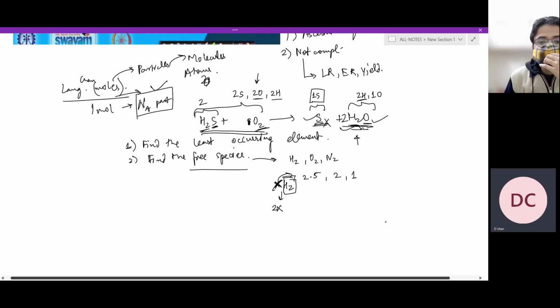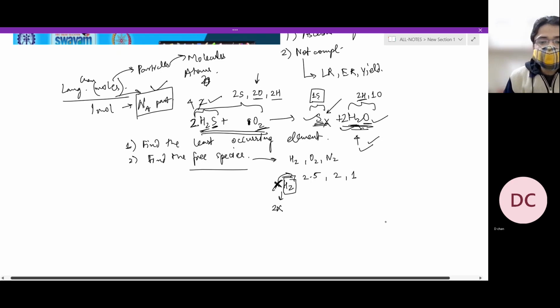Since there is an imbalance in the hydrogen atoms, what you do is write 2 here. So now it's 4 here and 4 here. The hydrogen is balanced. You might now worry that the sulfur is unbalanced, because here there is only one sulfur and here there are two sulfurs. That is why I told you not to touch the free species.